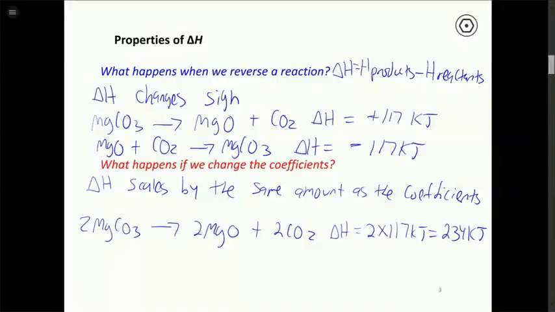And then if we were to take the coefficients and halve them, so let's say we just did 1/2 MgCO3 decomposing to 1/2 MgO plus 1/2 CO2.